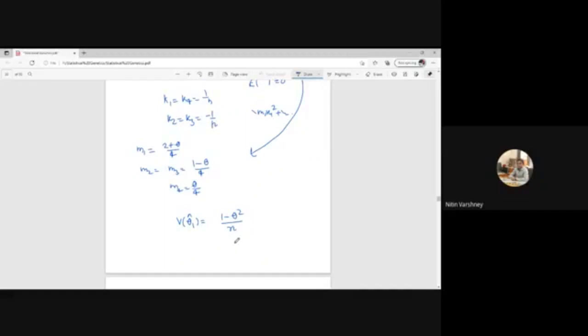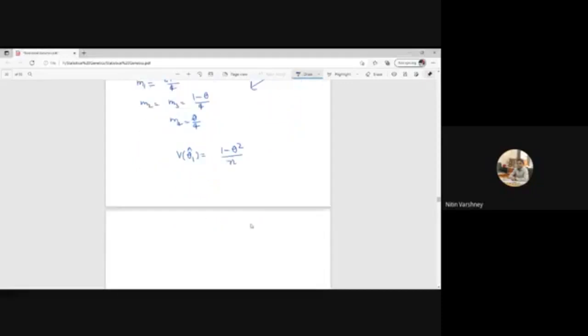Now, this is a function of theta. Actually, what we have done is replaced theta with (1 minus p_m)(1 minus p_f), or if the probabilities are equal, then (1 minus p) whole squared. So theta is a function of p.